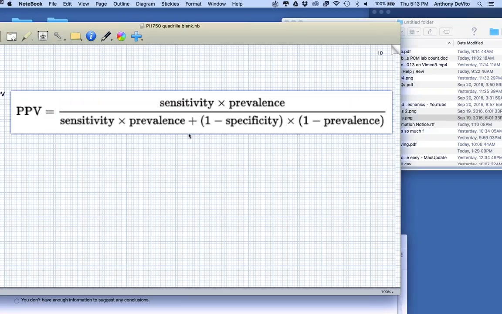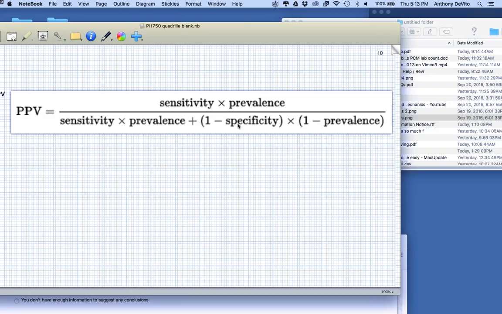Well, now we have to have the people that don't have the disease that test positive. Okay, so what percentage of people don't have the disease? Well, the prevalence is the percentage of people that have the disease. 1 minus the prevalence is the percentage of people that don't have the disease. So that would be, if the prevalence is 10%, that would be 90%, right? And now I want to get those 90%. I want to know how many of them tested positive, that 90%.